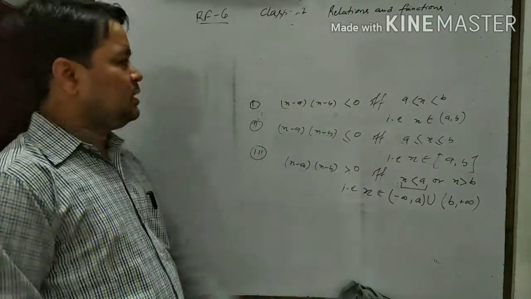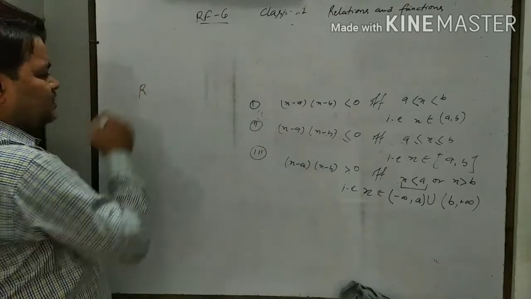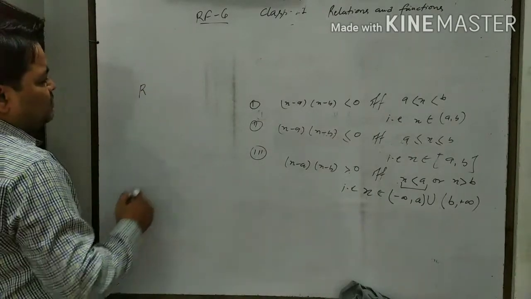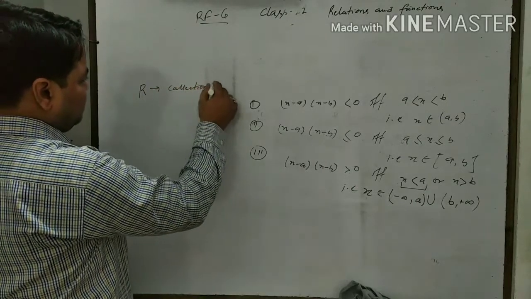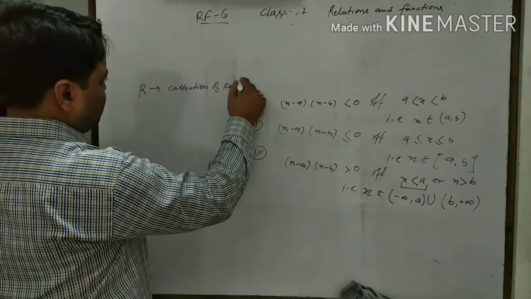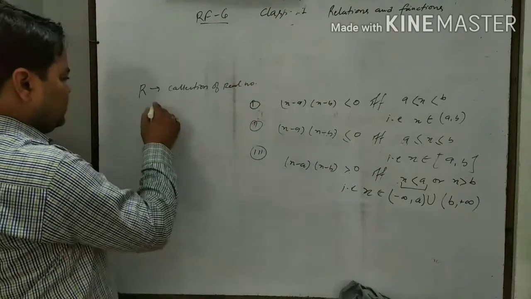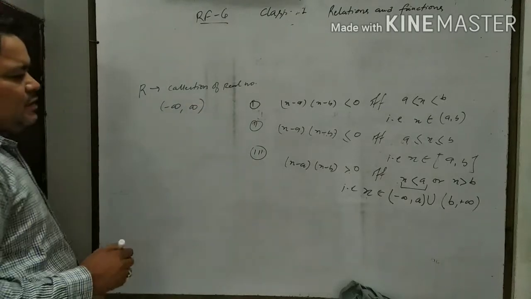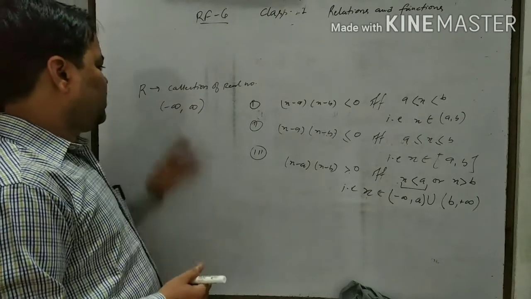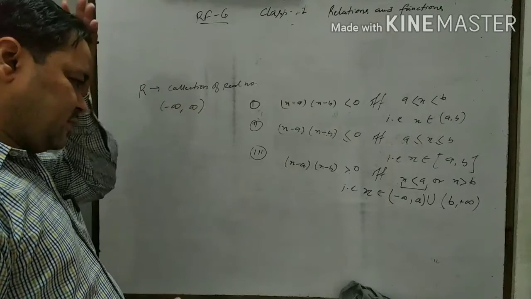Okay. Do you know the real numbers? The collection of real numbers, and how do you represent this? Minus infinity to infinity, like this way.